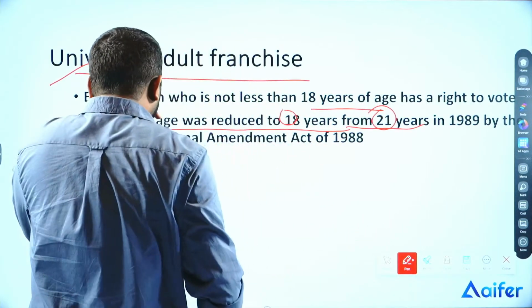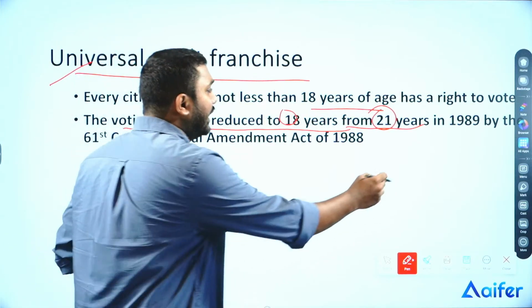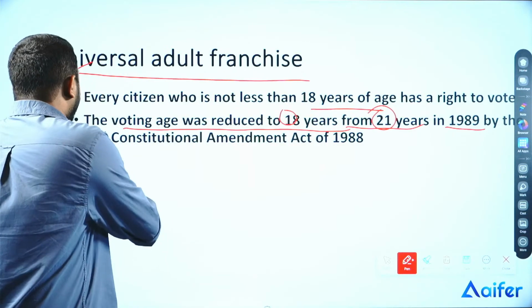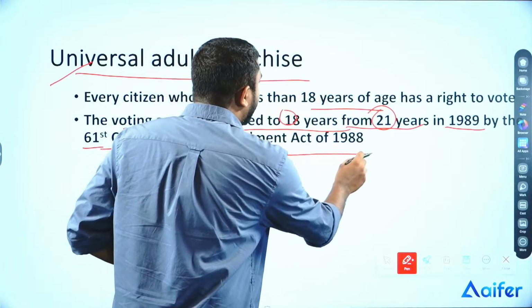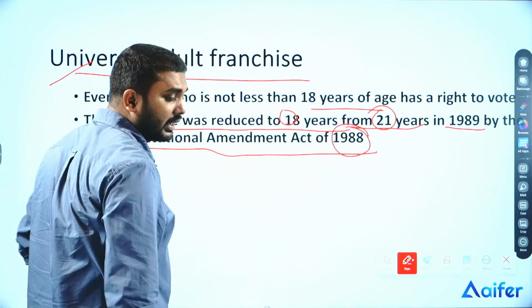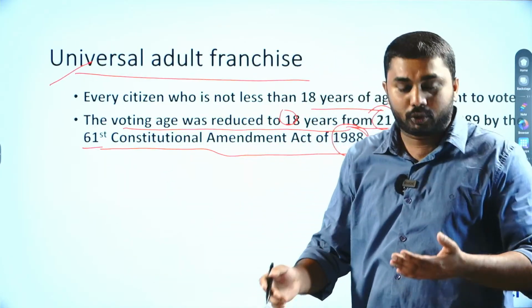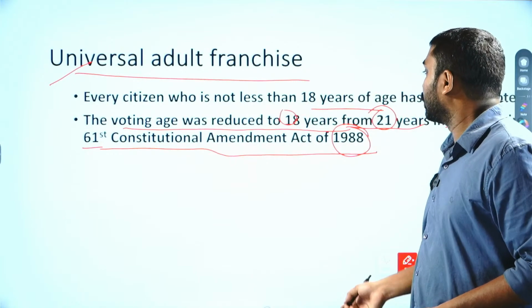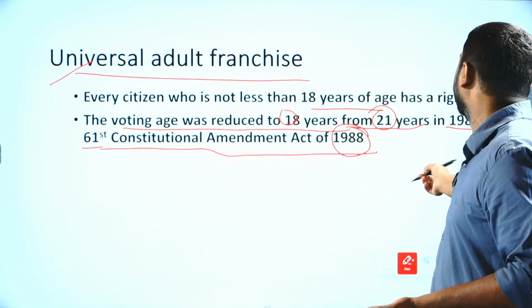It was reduced from 21 to 18 in the year 1989 by the 61st Constitutional Amendment Act, 1988. We should keep this year and the amendment number in mind while writing the examination.